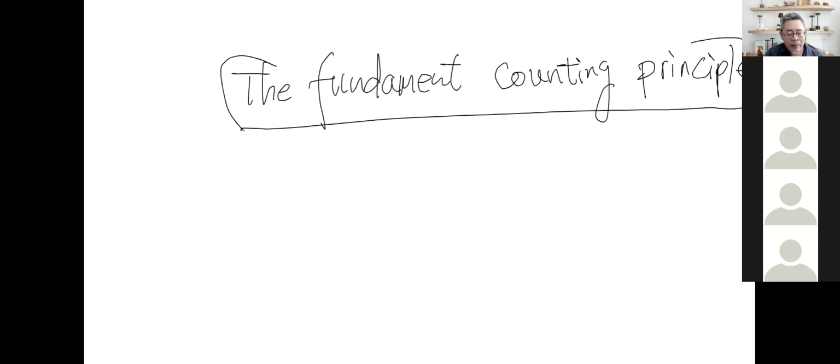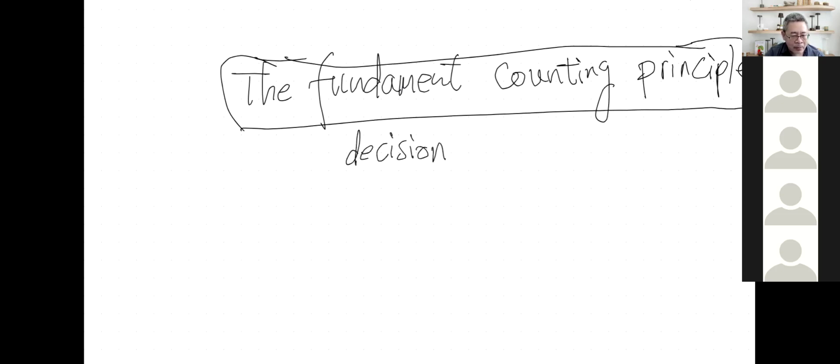It's like if you have 2 or more decisions to make. So we're just looking at 2. Let's say you go to a fast food restaurant and you have to choose what kind of meal you have. You have 4 choices, and then they ask what kind of drink you want.